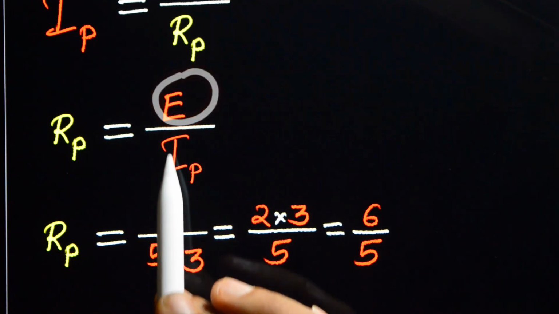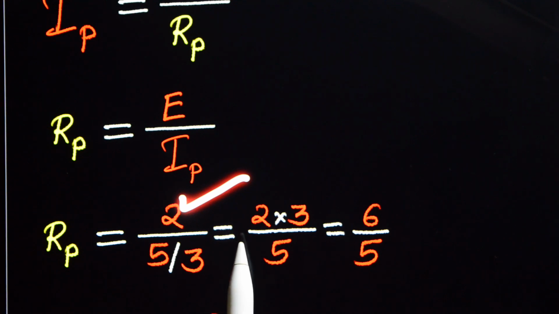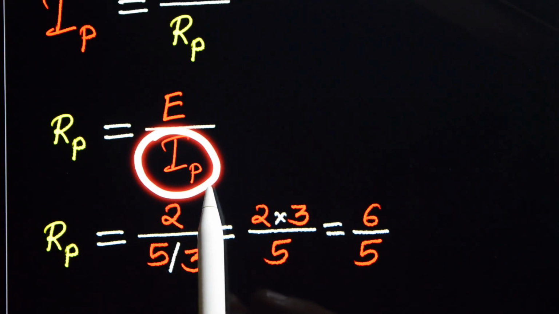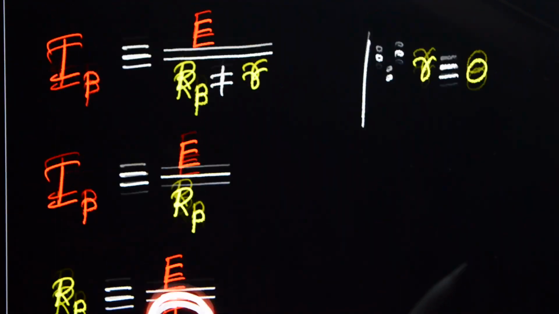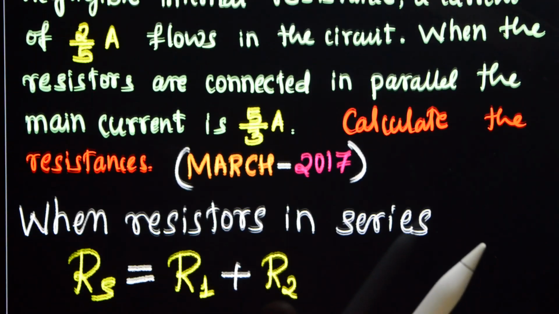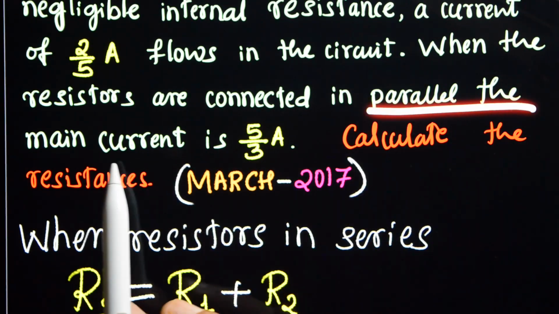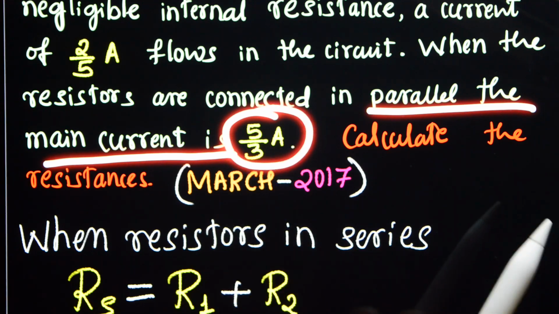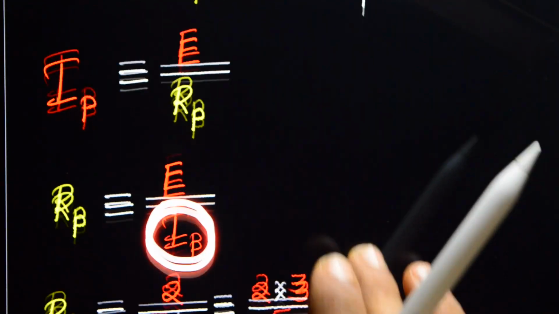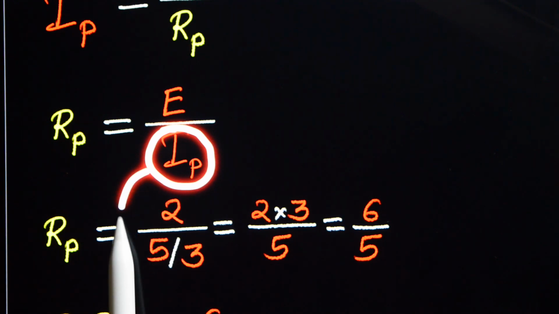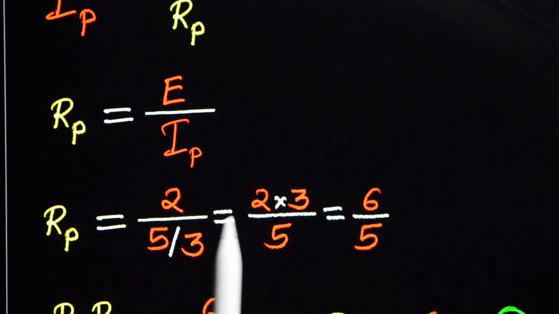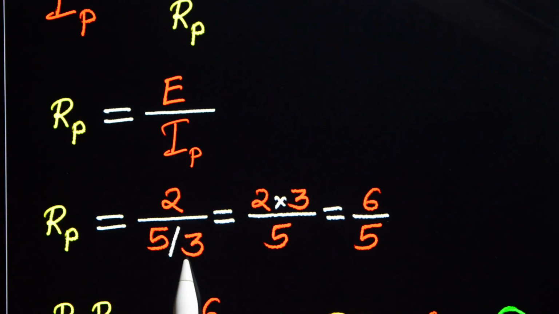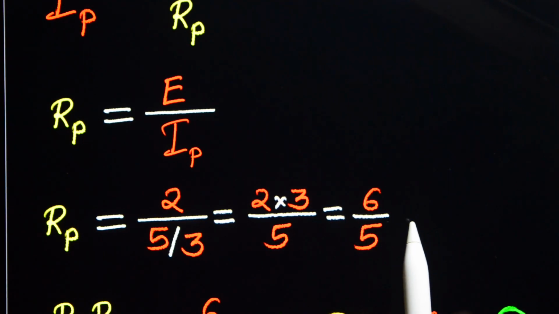E is the EMF of the cell, that is 2 volt. What is Ip? Ip is the current in the circuit when the resistors are connected in parallel, and we are given that it is 5 by 3. Therefore, instead of Ip we write 5 by 3. The 3 in the denominator goes to the numerator: 2 into 3 divided by 5, that is equal to 6 by 5 ohm.